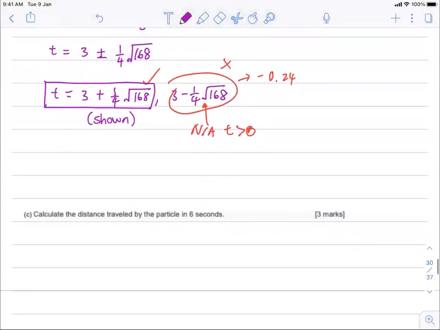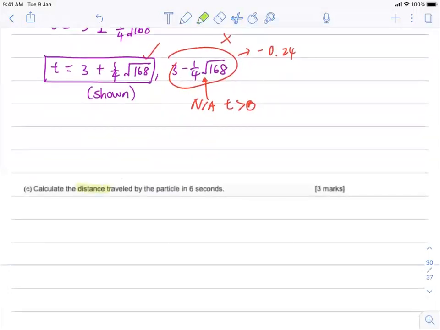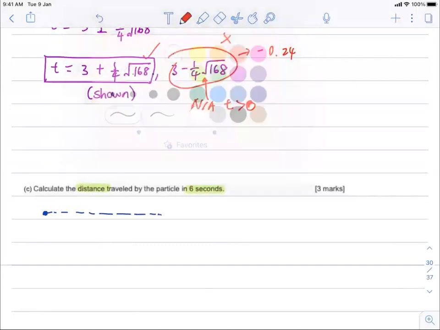Now we can move on to part C. Part C asks us to calculate the distance in 6 seconds. When calculating the distance, you need to be very careful because we need to check the turning point first. This is the particle. How it moves is usually like this: it will move in a straight line all the way until here, and then it will move backwards.